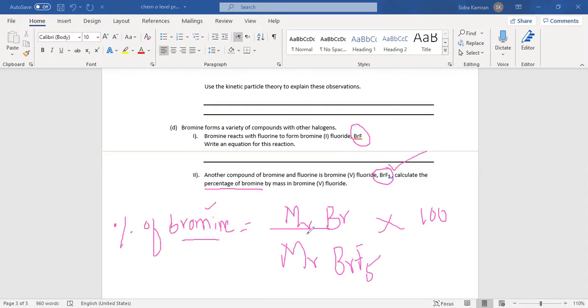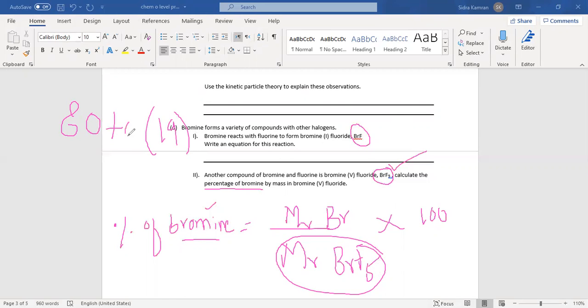So what will be the molecular mass of this compound? Bromine has atomic mass 80, plus the atomic mass of fluorine is 19 and the number of atoms is 5.